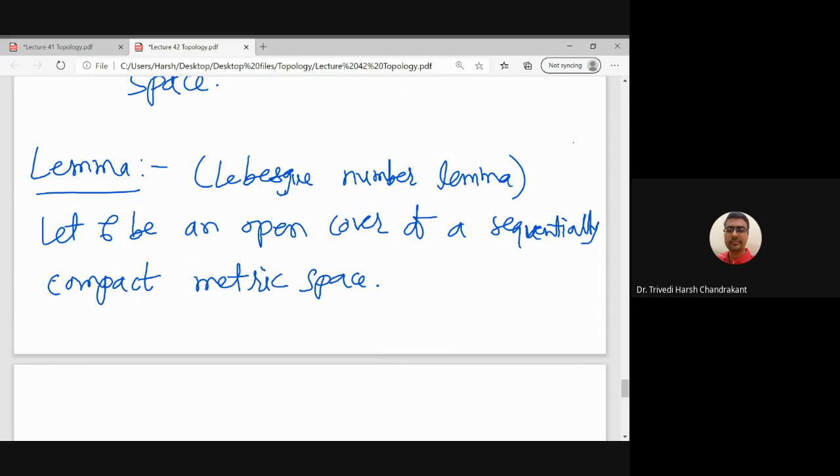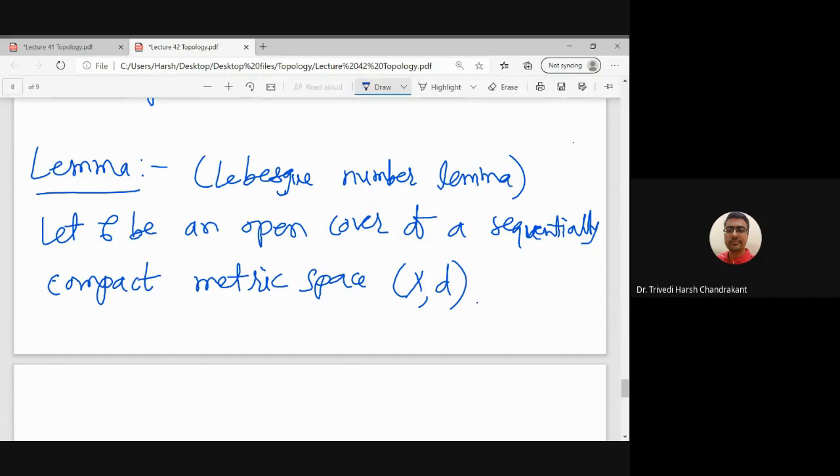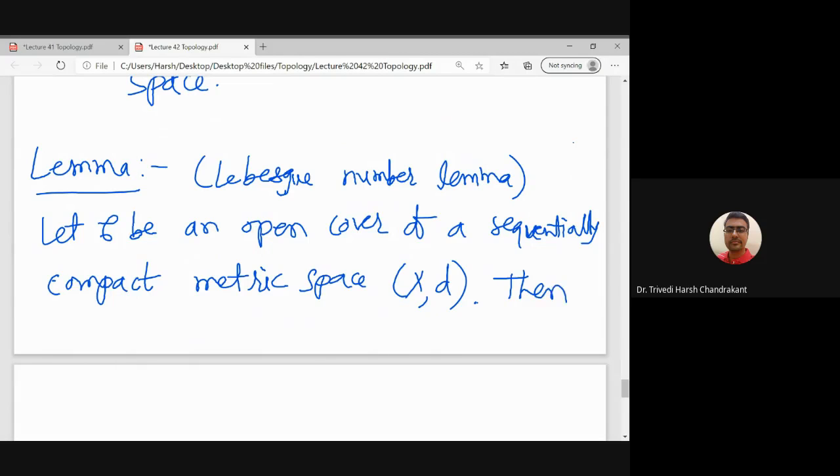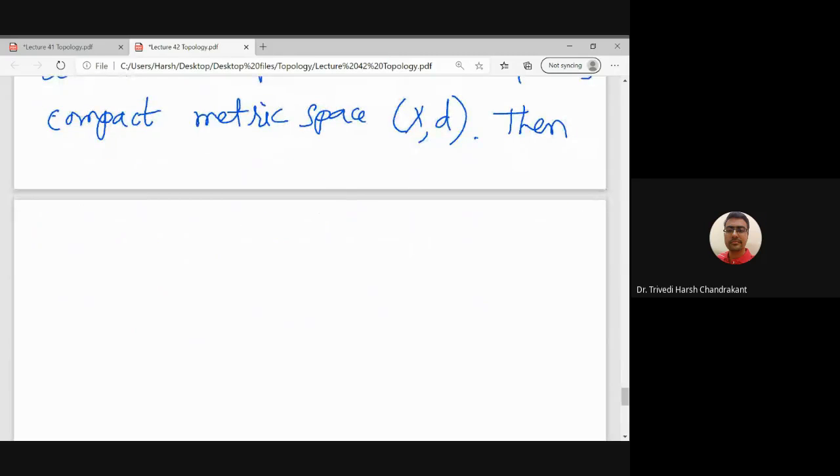So I have a topological space (X, T) in which the topology is coming from the metric d, and in which I have an open cover, that is, a family of open sets whose union is X. Then I can find a positive number that is known as the Lebesgue number.